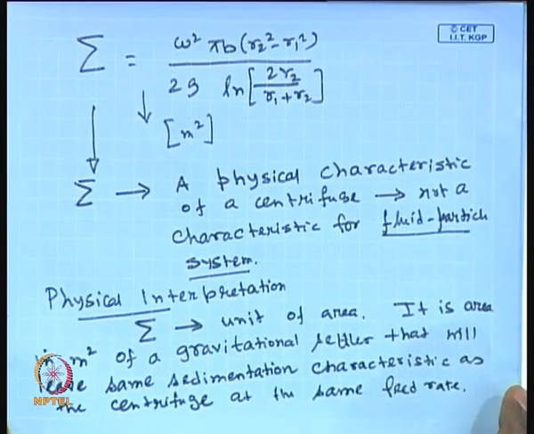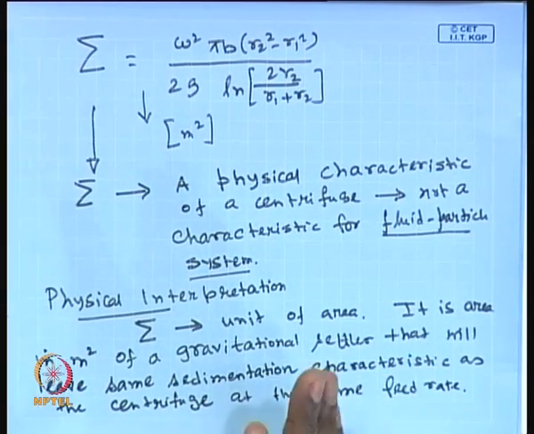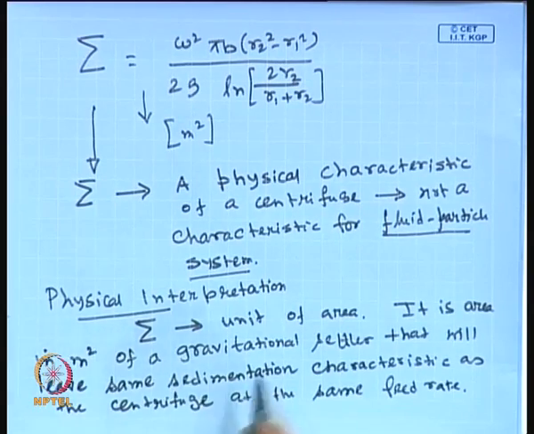What is a gravitational settler? It is nothing but a tank where you put the slurry and the solid particles will settle under gravity, and the terminal velocity is given by Vtg. It gives an idea how this compares with a gravity settler, because gravity settling is very common and easier to understand compared to the centrifugal separation process.